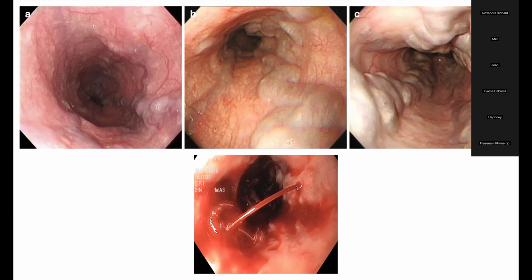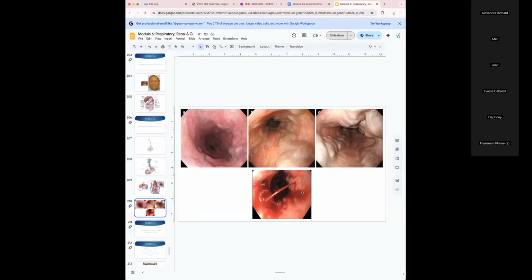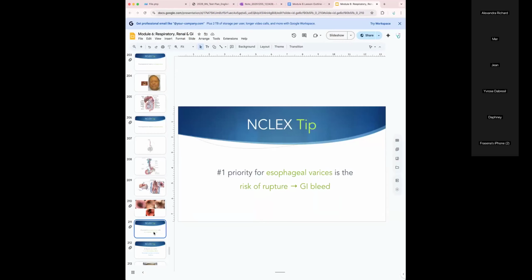So this would be an emergency EGD, an emergency upper GI endoscopy, where the endoscopist will cauterize. He will locate the bleed and burn it shut. So the number one priority for esophageal varices is to understand the risk of rupture and GI bleed.